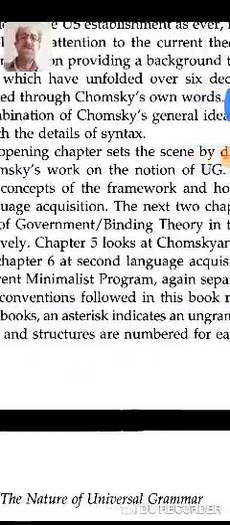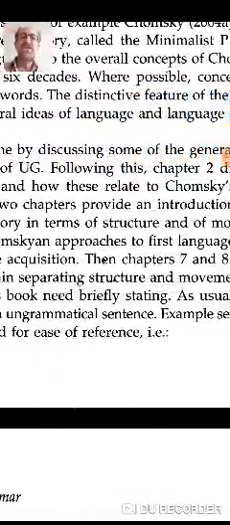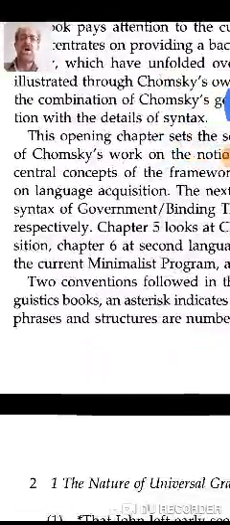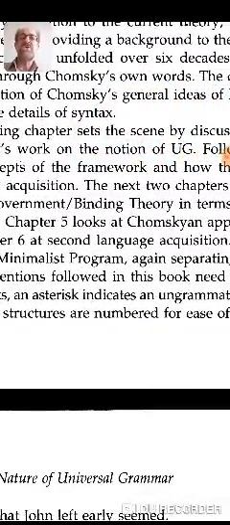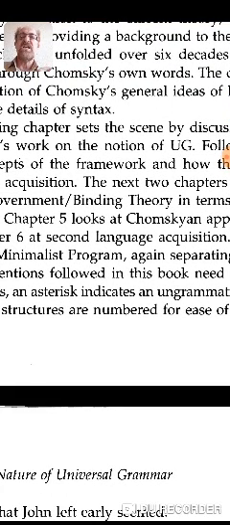Paragraph 3 says, this opening chapter sets the scene by discussing some of the general issues of Chomsky's work on the notion of universal grammar, or UG. So it just sets the scene. It provides a short introduction for us to know where we are in this book.